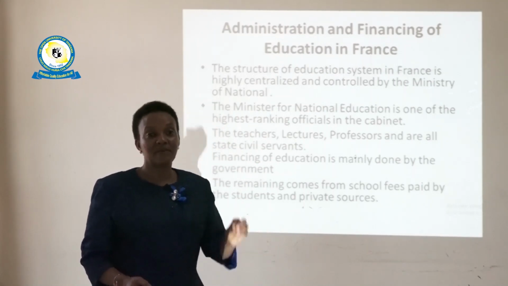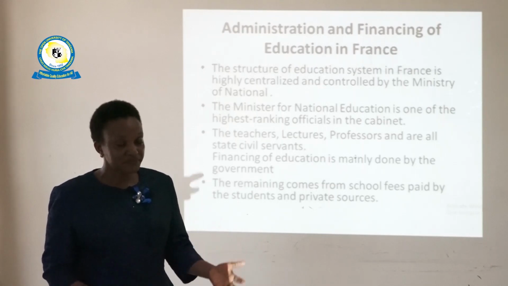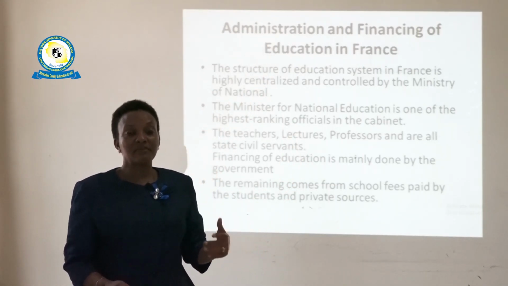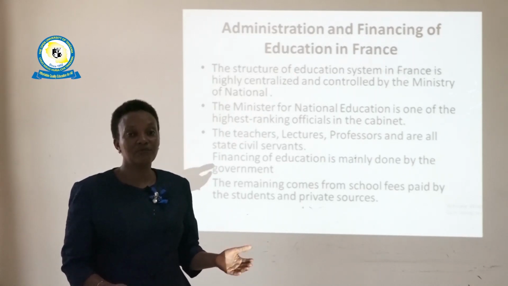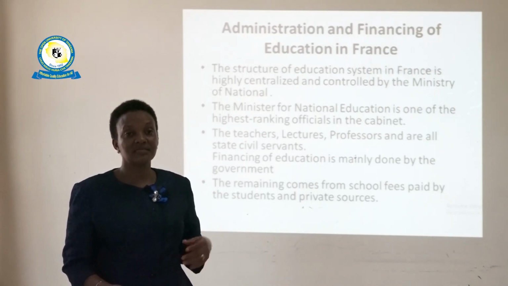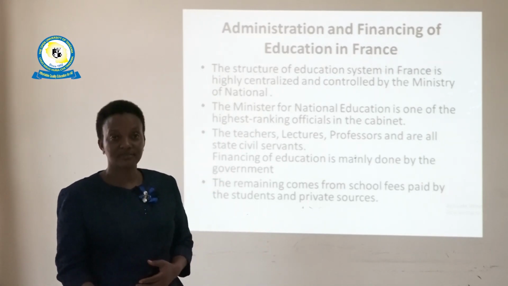Only the government pays and finances the education to its personnel. The remaining comes from school fees paid by the student and the private sources. That is how education is administered and financed in France.